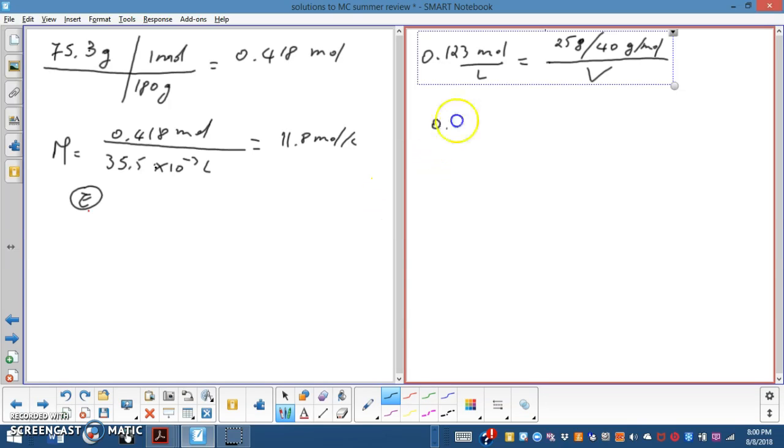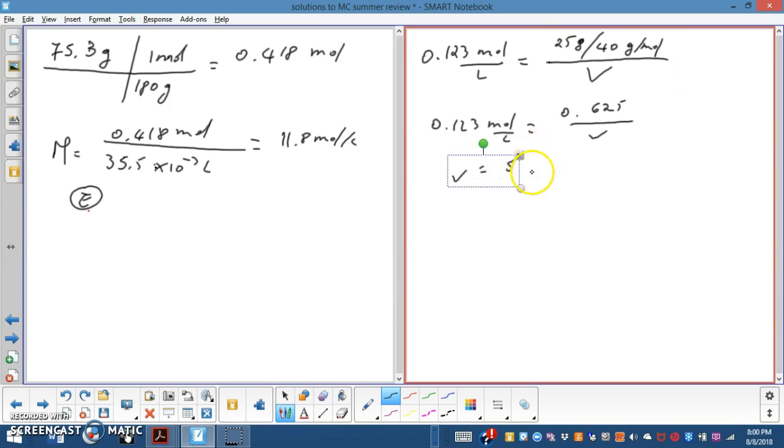So you have 0.123 moles per liter equal to 0.625, this number here, divided by the volume. So your volume is going to be equal to 0.81 milliliters. So you will have your answer from here in liters, but then you got to convert it to milliliters anyway.